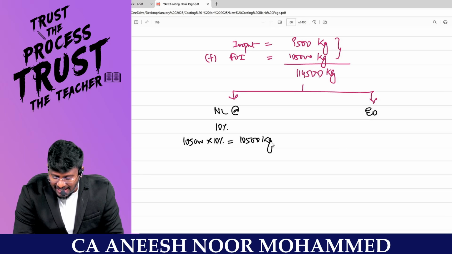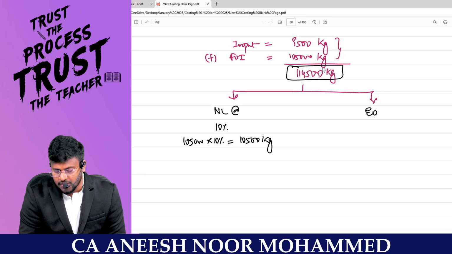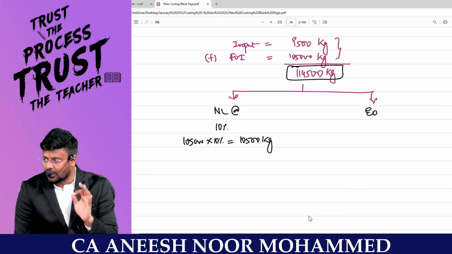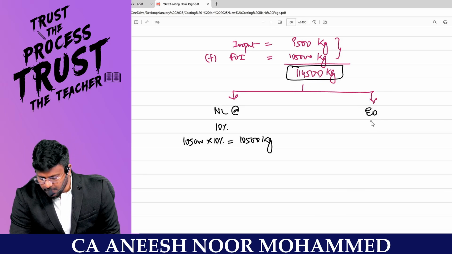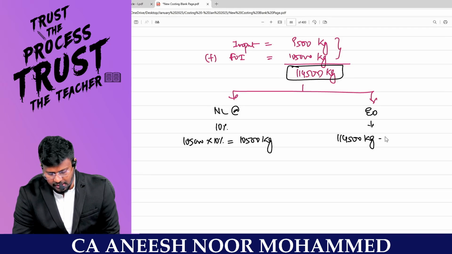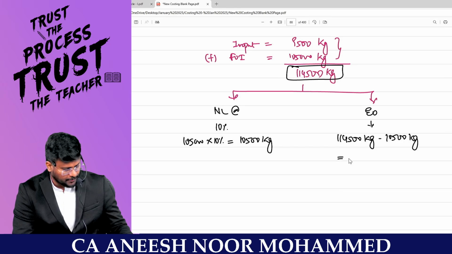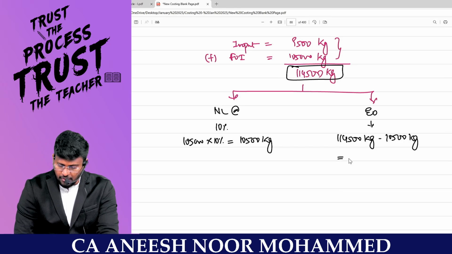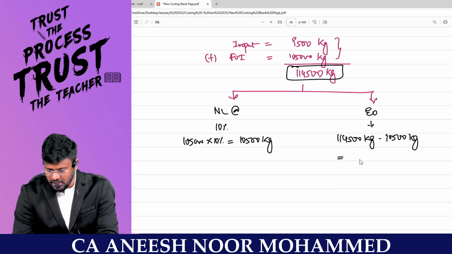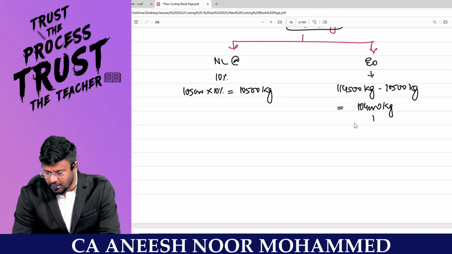Students may take a wrong normal loss; they will be applying it on the full value. You should not apply it on the full value. So the expected output will be 1,14,500 kg minus 10,500 kg, which means 1,04,000 kg is the expected output.